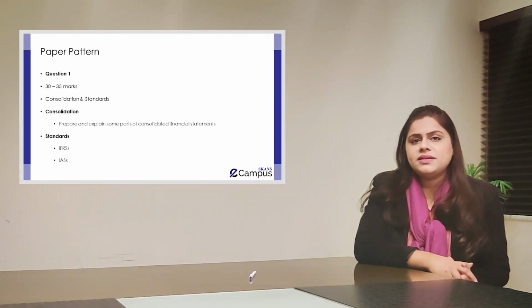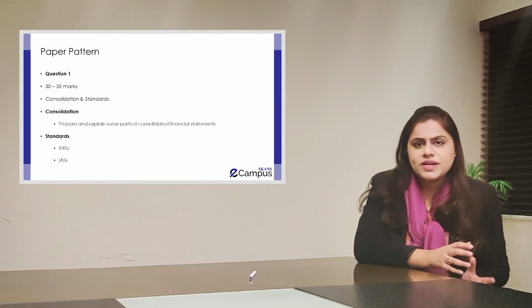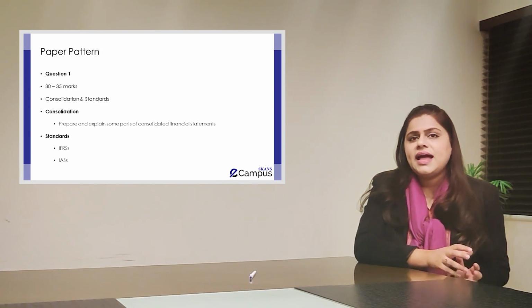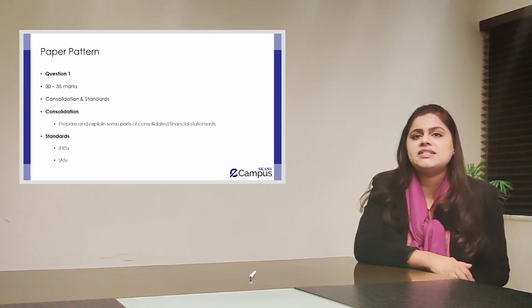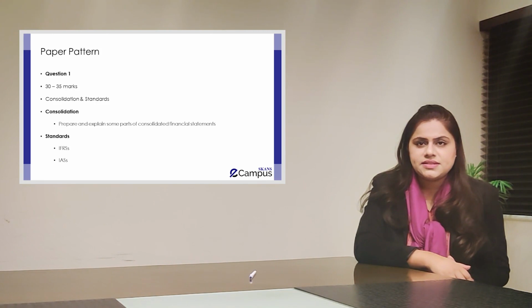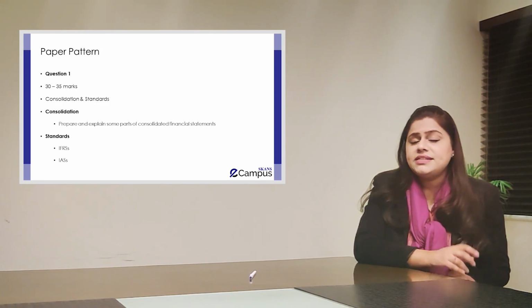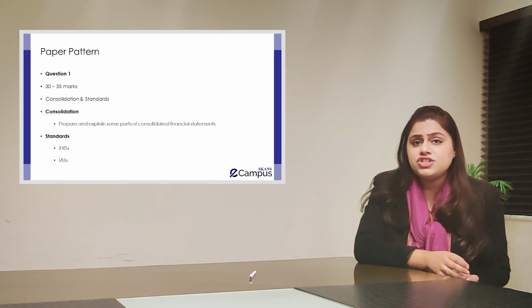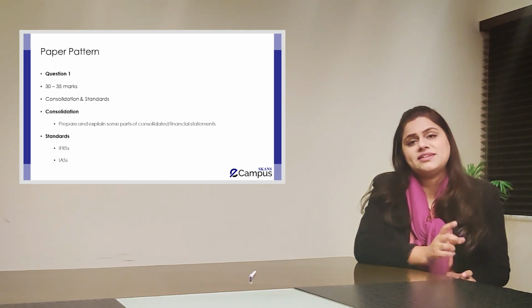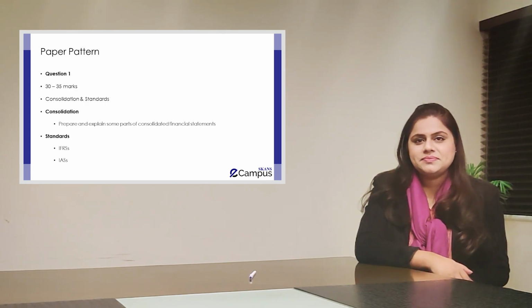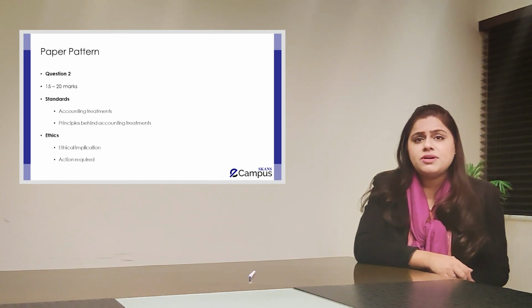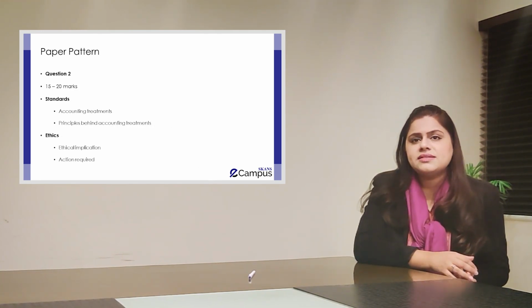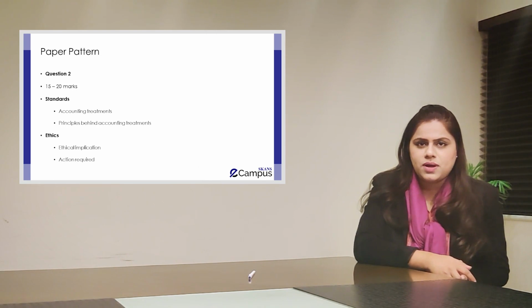Question 1 is normally of 25 to 35 marks and covers consolidation as well as knowledge of standards. Please remember, it is not just a consolidation question, rather detailed knowledge and application of standards is also tested. Then question number 2 is normally of 20 marks depending upon marks of question number 1.